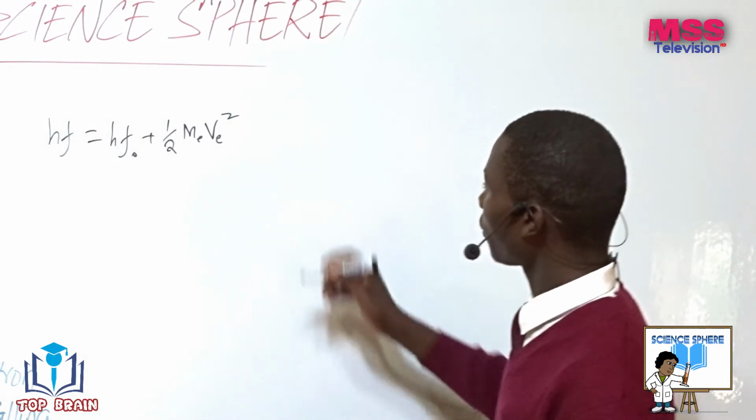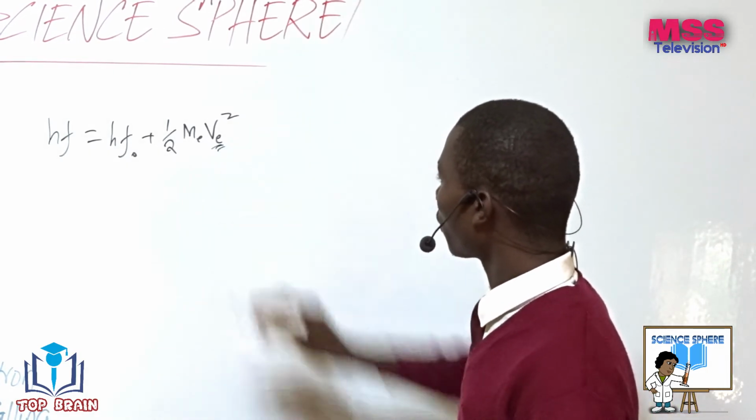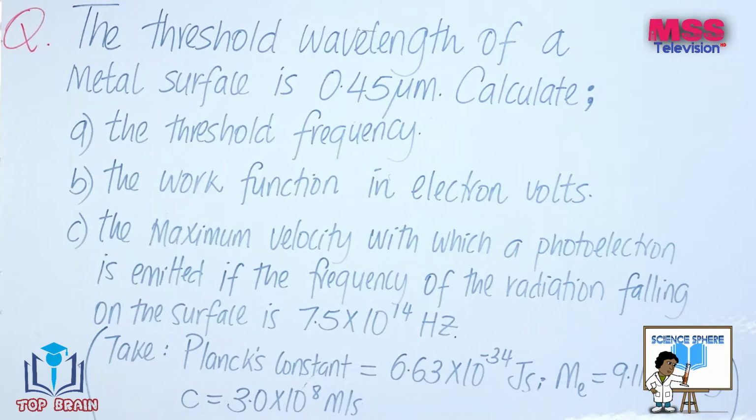In this case, this is what we want to look for, the velocity of the electron emitted.